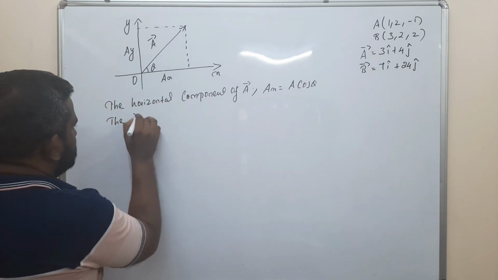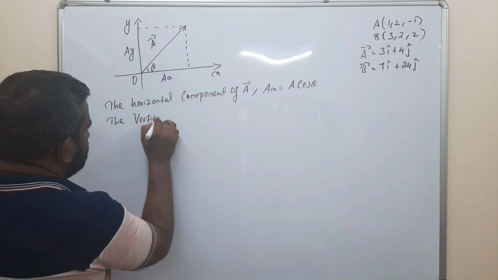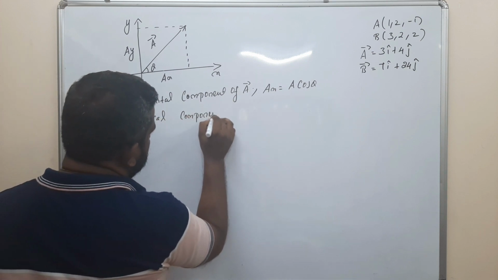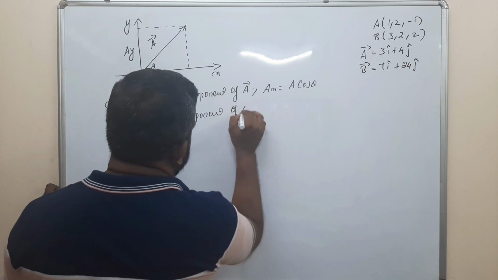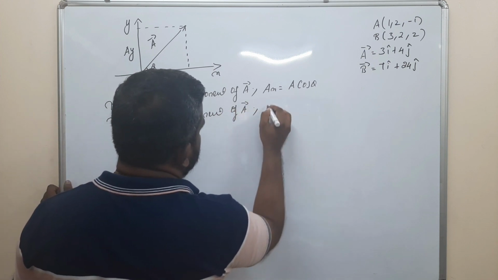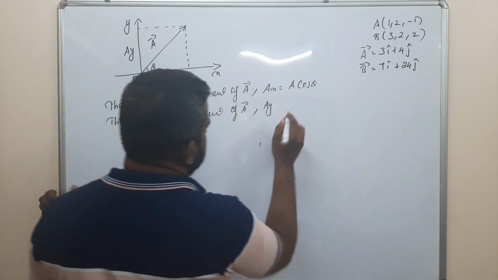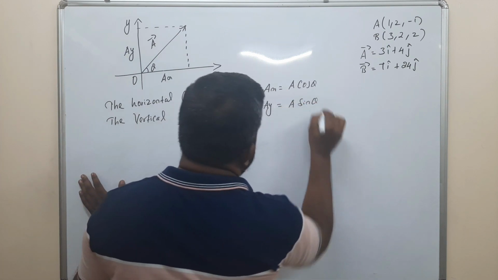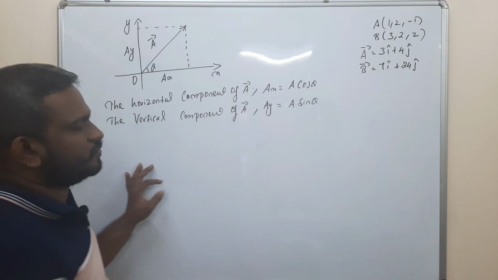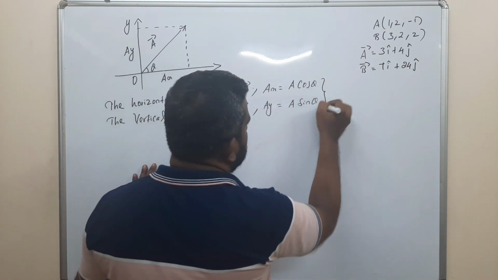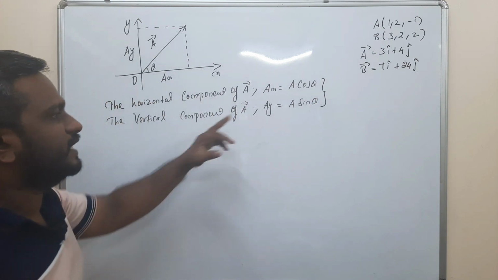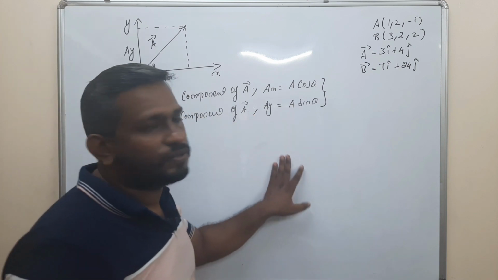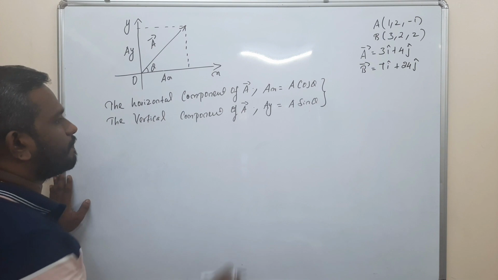The vertical component of A vector, Ay, is equal to A sin theta. These two formulas you have to keep in mind. So horizontal component Ax equals A cos theta, vertical component Ay equals A sin theta.